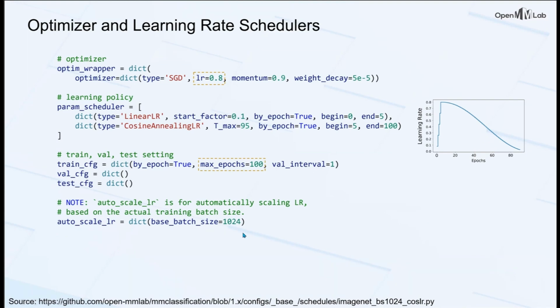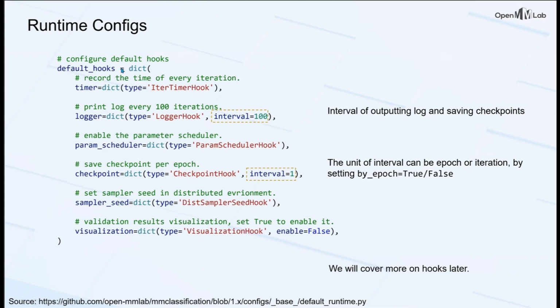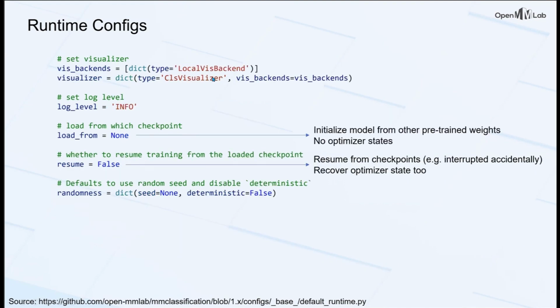So the fourth part defines some supporting items, and we call them the runtime configs. Some commonly used items include the interval of printing logs and saving checkpoints. We can also define the visualizer, which will save some images or visualization results during training.